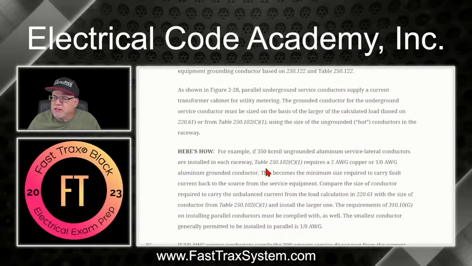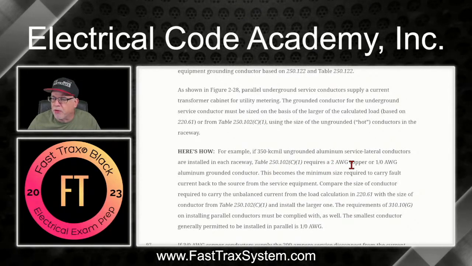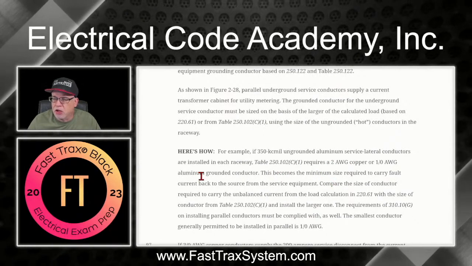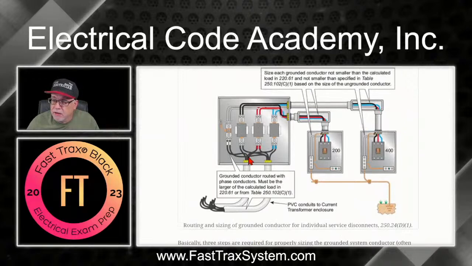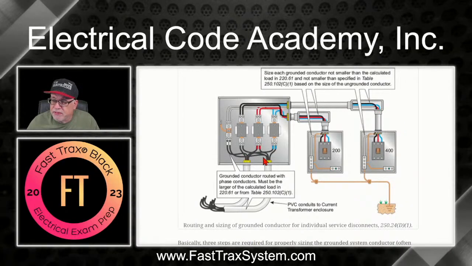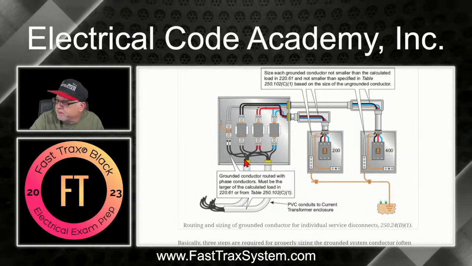Table 250.102(C)(1) requires a 2 copper or 1/0 aluminum. So 350 again, right here, right? So we're running 350s in each one of these. So here's the 350. We would go over to the code.